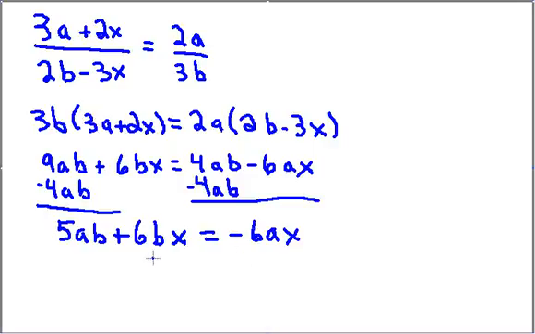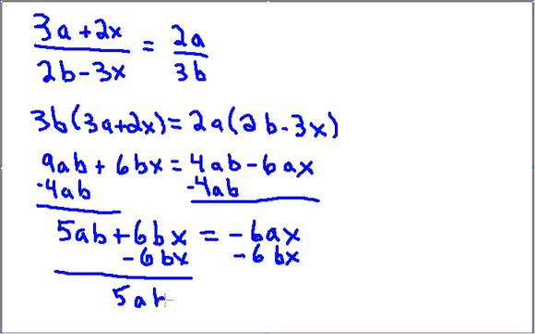So to do that, we need to subtract the 6bx from both sides. And when we do that on the left-hand side, those cancel. So we're left with 5ab on the left-hand side. And then on the right-hand side, we're left with minus 6ax minus 6bx.